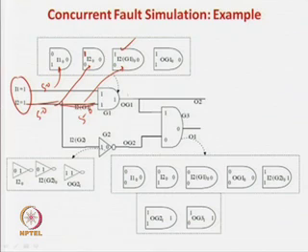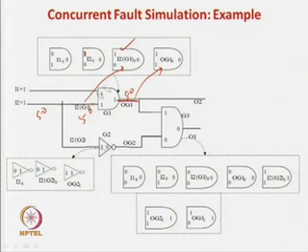Now, for this 1 1, obviously a stuck at 0 at this net, so output O1 stuck at 0 is also affecting 1 1, and the answer is 0. So, this AND gate has 4 gates in the bubble corresponding to a stuck at 0 fault here, here, here and here. For these 4 stuck at 0 faults you have these 4 things in the bubble.